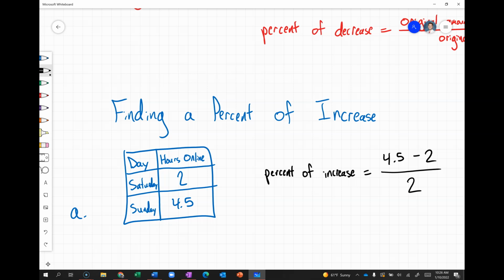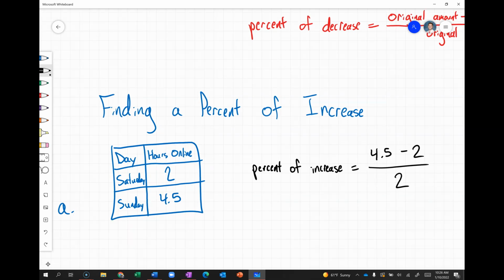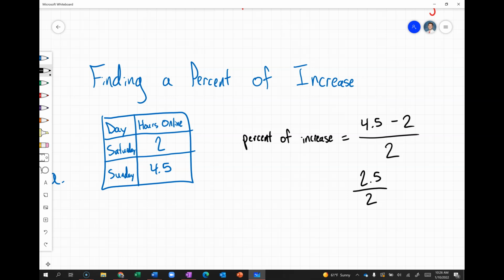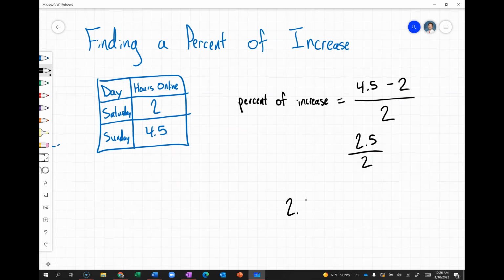So 4.5 minus 2 is 2.5. So now we have 2.5 divided by 2, and that will be our percent of increase.